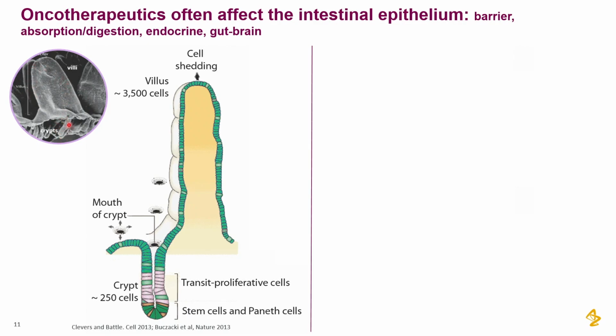So you have here the crypts that are invaginations in the mucosa, and these are the villi, protrusions towards the lumen. And this is the epithelium covering crypts and villi. You have the stem cells at the base of the crypt. They proliferate, differentiate, and that creates forces that push cells upwards, and cells shed from the tip of the villi, so that everything keeps balance.